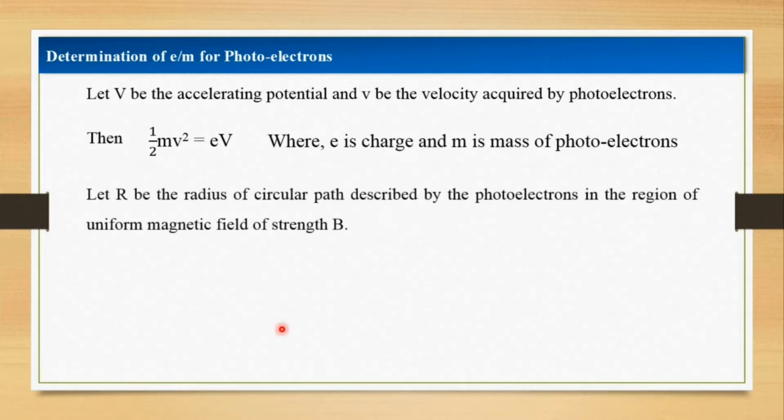When we apply a uniform magnetic field of strength B, the particles travel in a circular path, and that circular path has a radius r, and we can write that the centripetal force is balanced by the magnetic force.